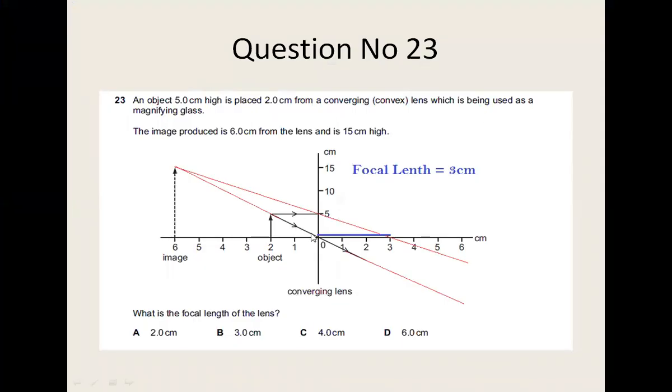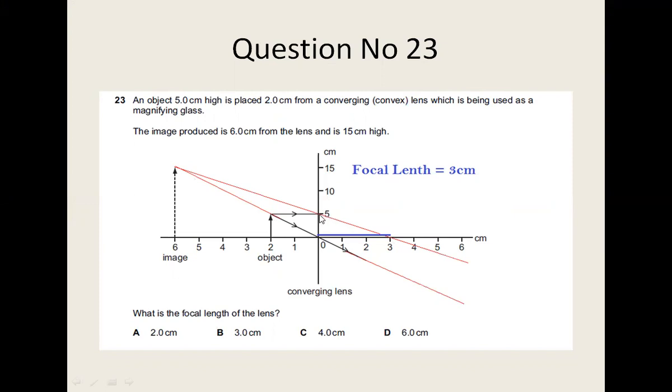Okay. So here you can see this light ray which passes from the optical center. I have prolonged it behind until it touches the head of the image. And then we have taken another line, and because you see this came parallel and then it bended, it will go from the focal point.